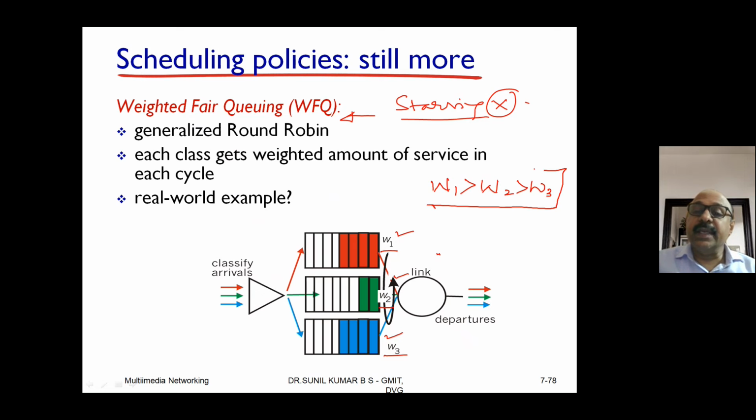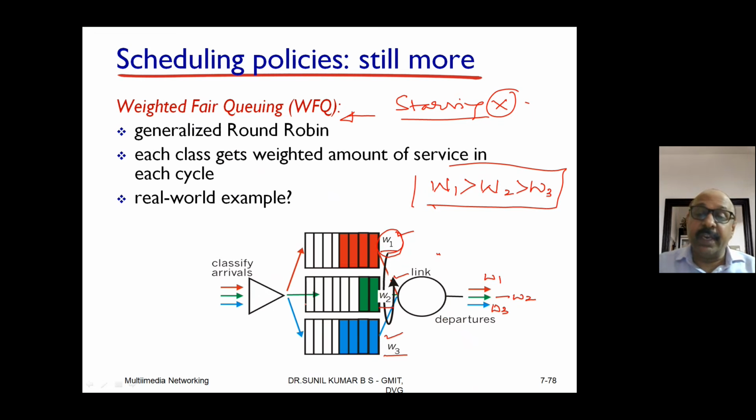So if this is the case, then the service is given with priority to Q1. All the packets of Q1 will be transmitted first. Then all the packets of Q2 with weight 2 will be transmitted. Then all the packets of Q3 with weight 3 are transmitted.